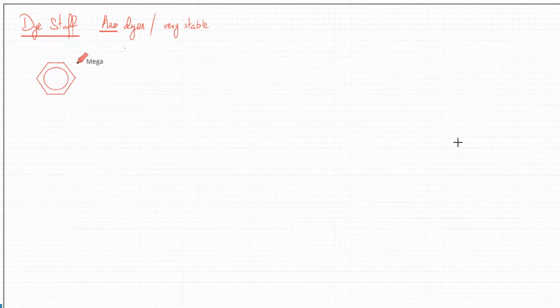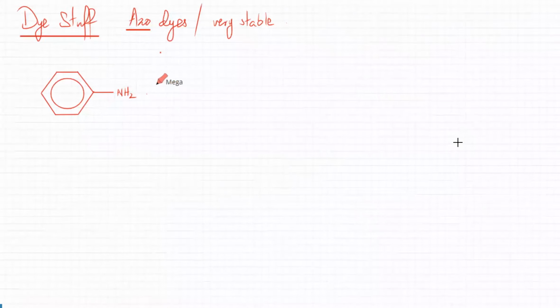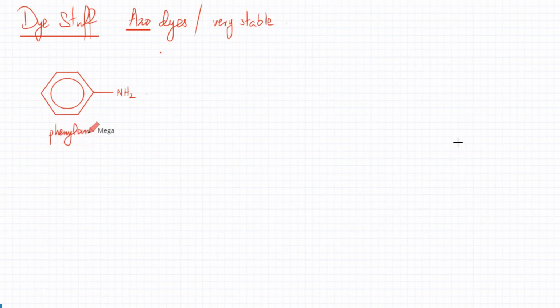So you start off with this thing, NH2. That's phenylamine. And what then happens is you react it with NaNO2 and HCl.